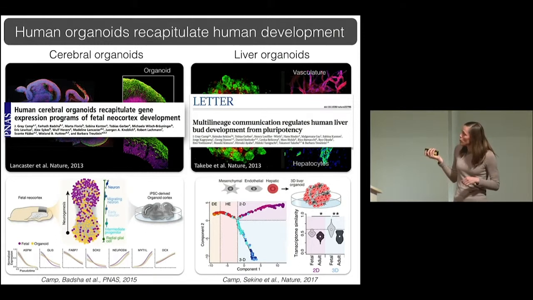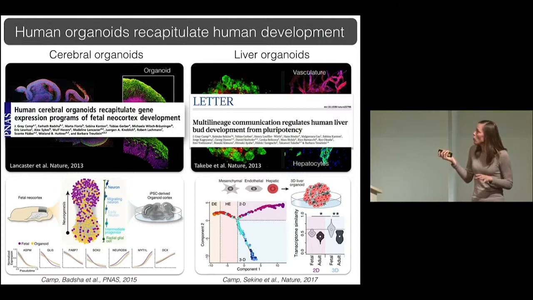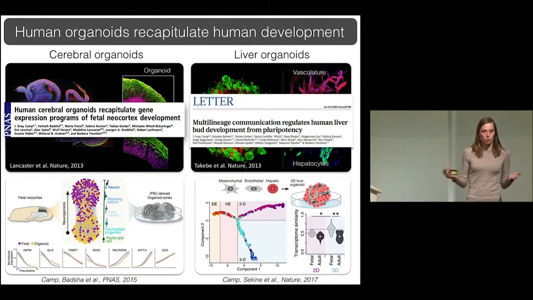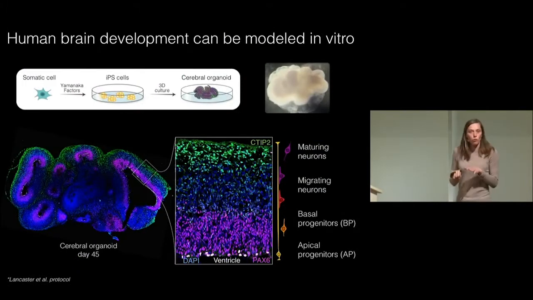And what we could show is that the cells that are growing in the organoid and that have different lineages around, such as the endothelial cells and the mesenchyme, are more similar to a primary developing liver than these cells in 2D culture. And this really highlights that it makes sense and it's worth studying developmental biology in organoids as compared to a 2D differentiation.